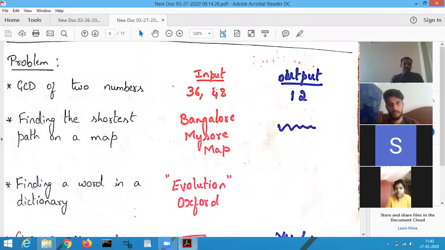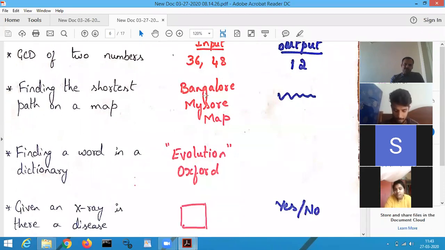For example, assume I take the GCD of two numbers, and I give m as a 100-digit number and n as a 100-digit number. In spite of that, if your algorithm returns the answer very quickly, then I can say that is the best algorithm.